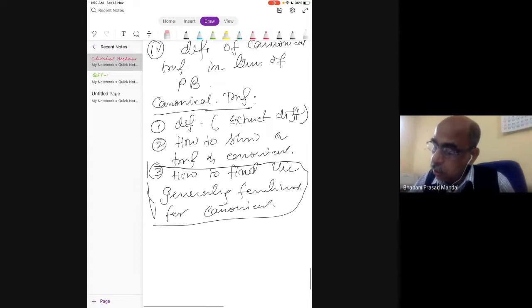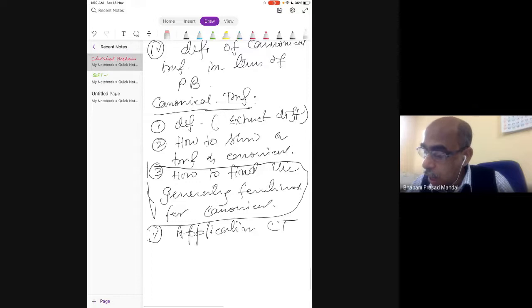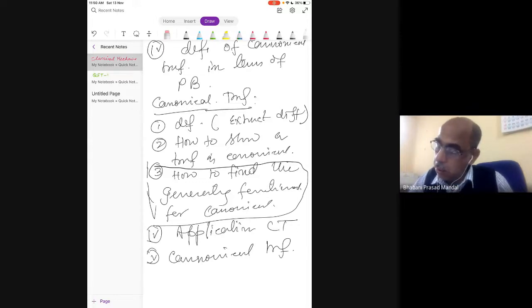Then the fourth thing is some application of canonical transformation, and the canonical transformation with Poisson bracket.